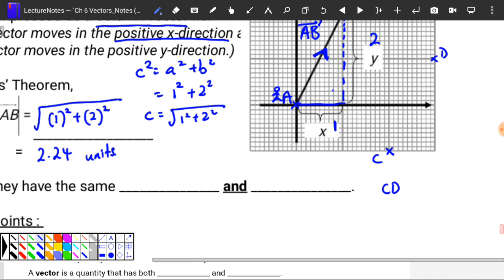Maybe you write the vector of CD and then you calculate the magnitude of CD. Where is C? Where is D? C is a point on the graph, and D is a point on the graph as well. So I have CD.